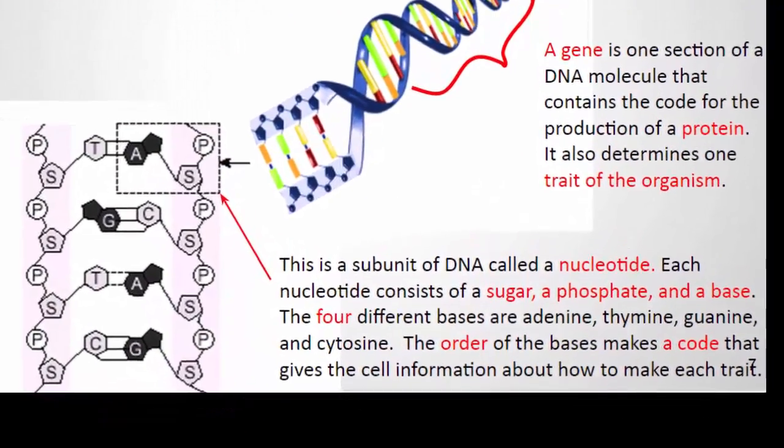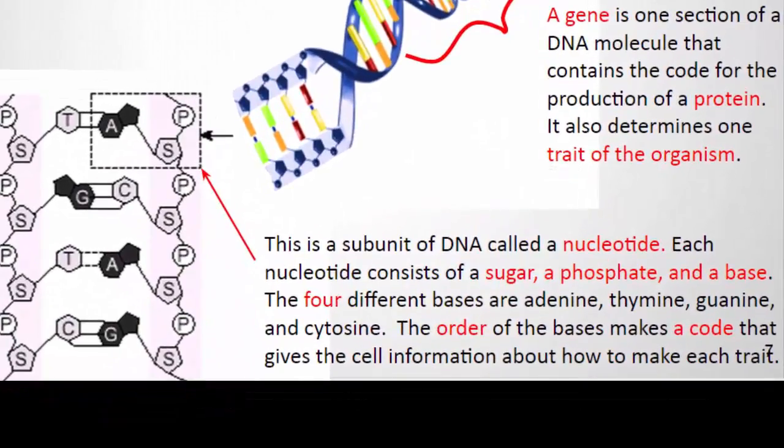Let's zoom in just a little bit more at a couple of rungs or steps on the twisted ladder of DNA. Each step is actually a chemically bonded pair of two things, each called a nucleotide. All nucleotides contain three parts: a sugar, a phosphate, and a base.